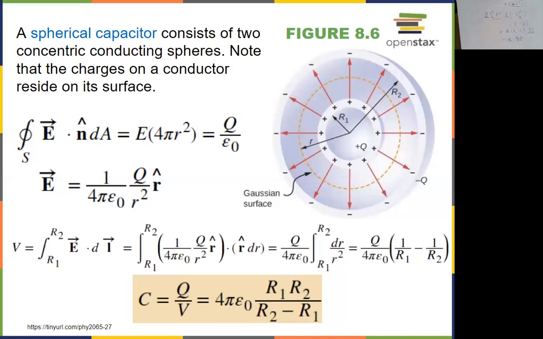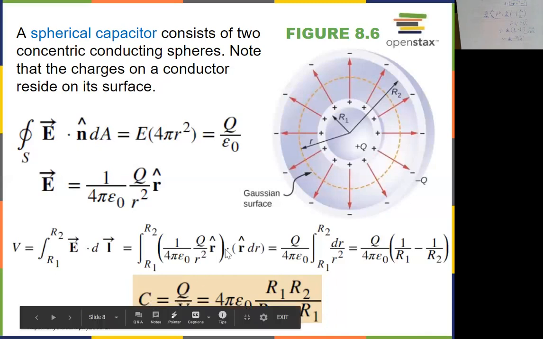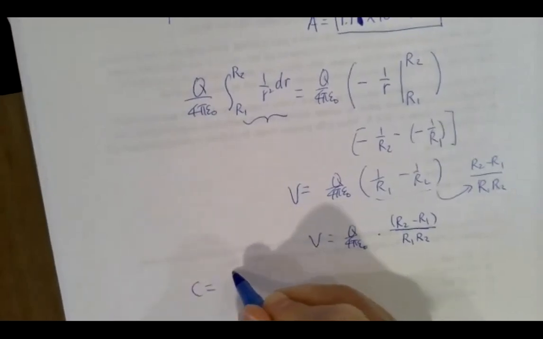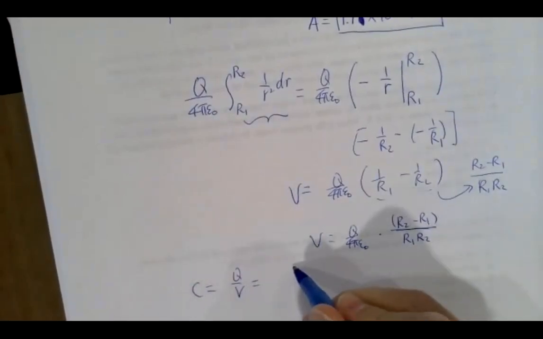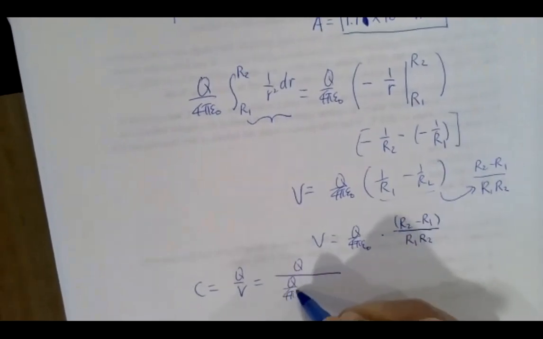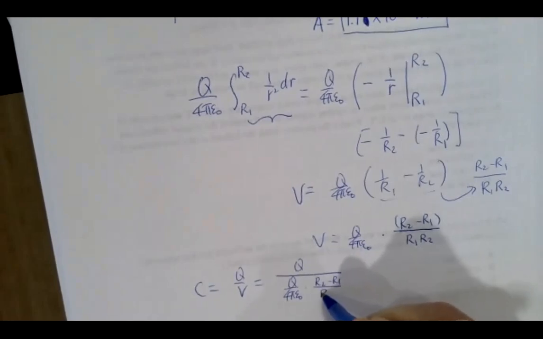Then when you do Q over V, all right, so next you are calculating your capacitance, C equal to Q over V. So C will be equal to Q divided by this thing, Q over 4 pi epsilon 0, R2 minus R1 over R1 times R2 at the bottom there.